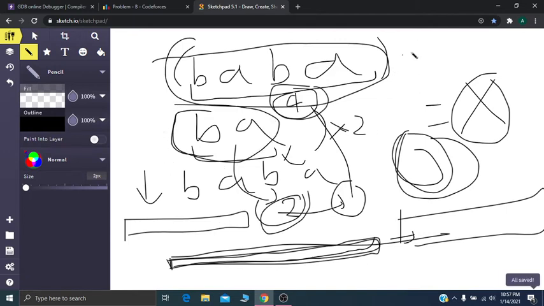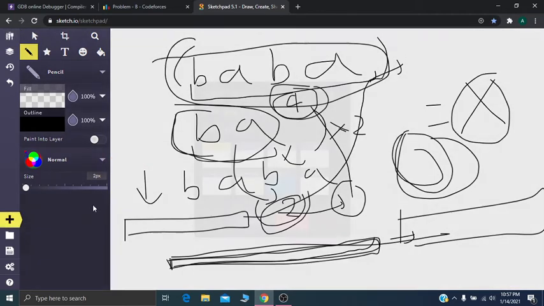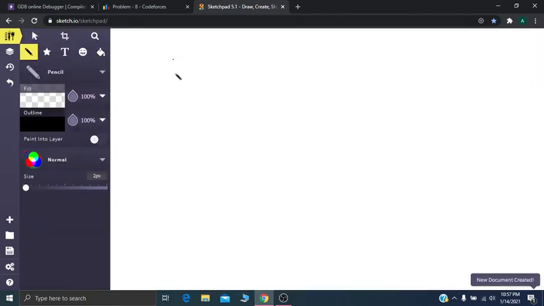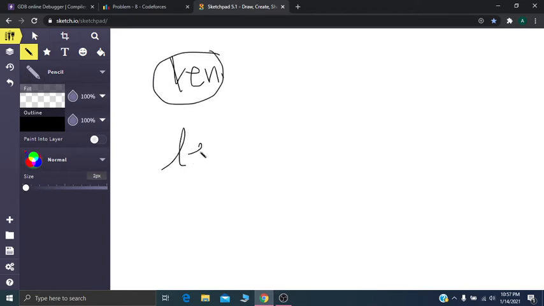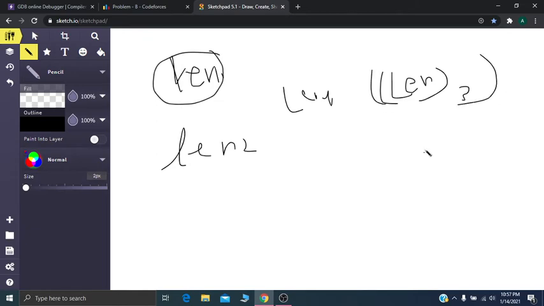Because let's say that LCM of the lengths, okay, let's explain here. Let's say len1 is the first string's length and len2 is the second string's length, and their LCM of length is len3. Now this len3, how is this going to help us?